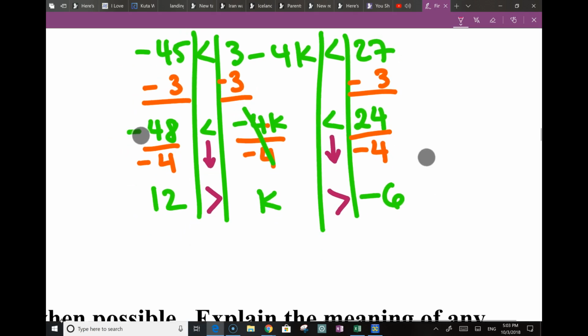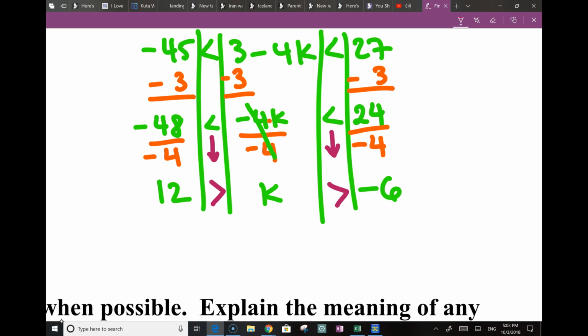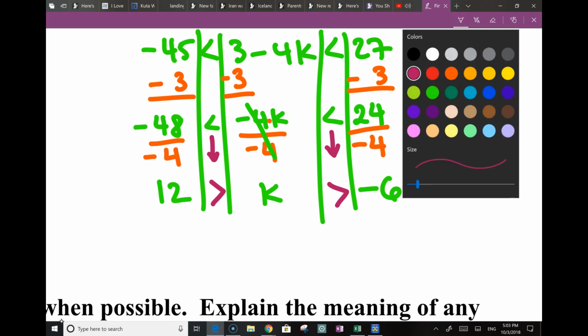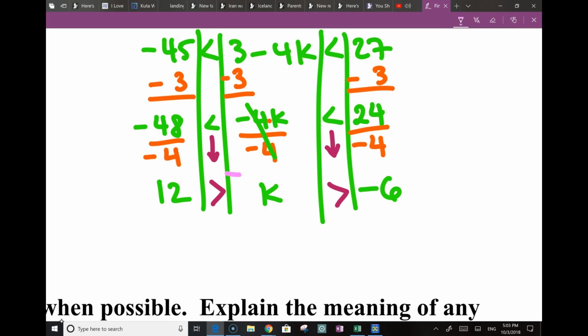And so what this does is it creates a really interesting solution setup where if I want to graph this thing, I would now have to break this up into two mini inequality solutions. And what I mean by that is this. I'm going to take this and pull that aside right over here, and I'm going to write it as 12 greater than k.